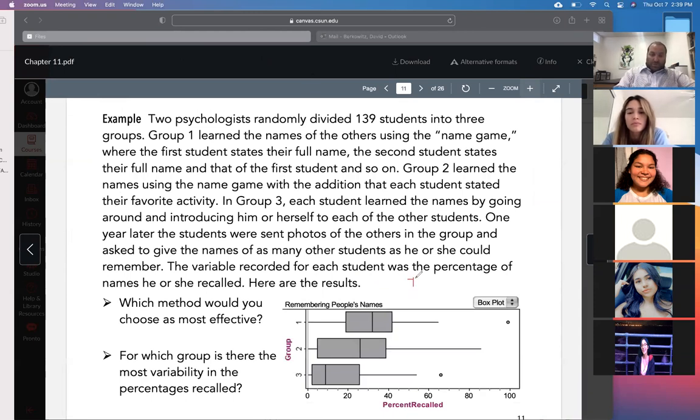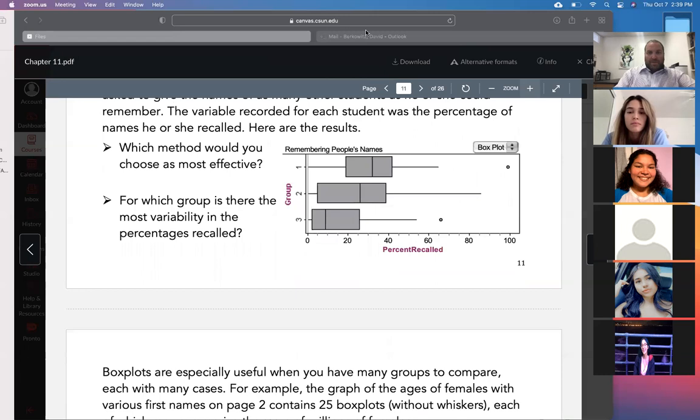Let's go somewhere where I have more room to write. Step 1, you compute what's called the IQR. Anyone know what IQR stands for in this context? You might have learned statistics at some point.